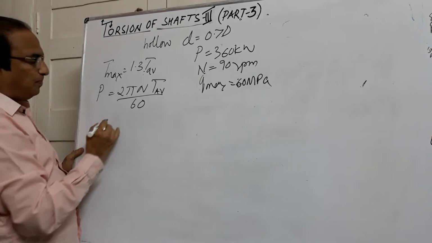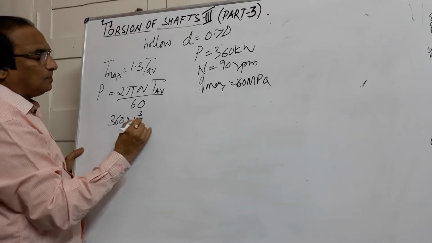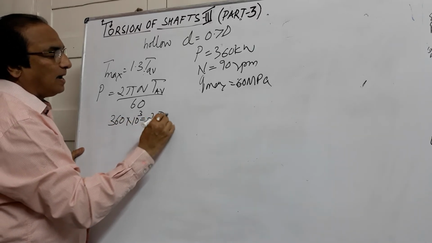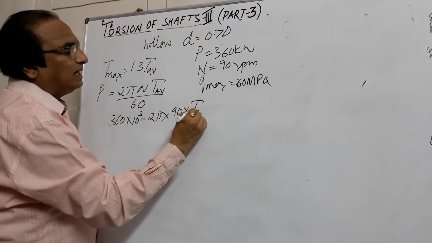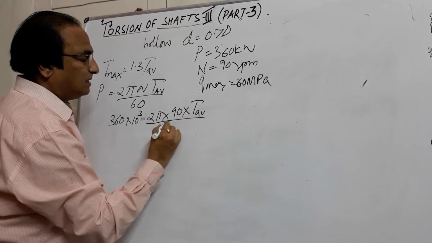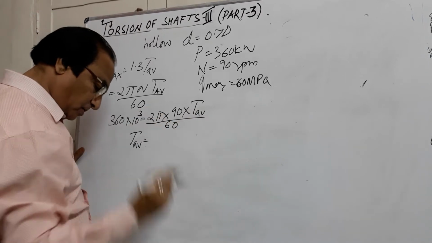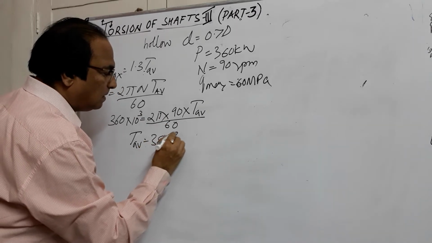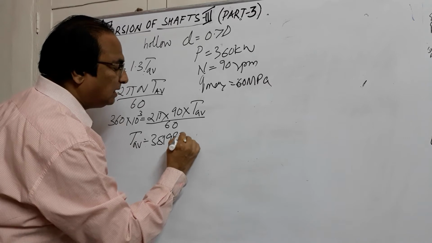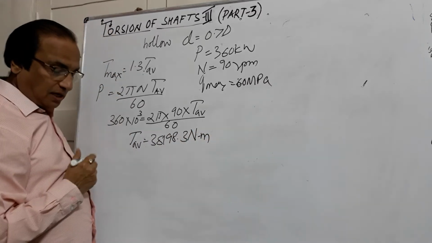So here P is 360, its unit is in watts, into 10 to the power 3, equals 2 pi into number of revolutions 90 into T average divided by 60. If you simplify this, you get T average is equal to 38198.3 Newton meter. You should be careful about the unit. It is in Newton meter.